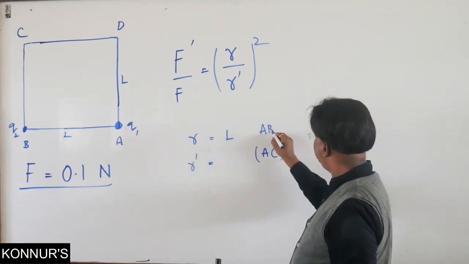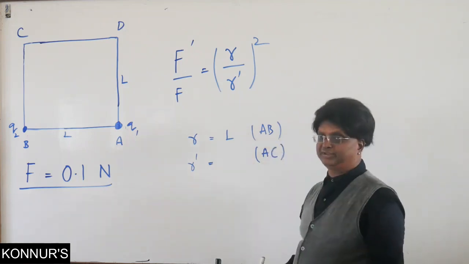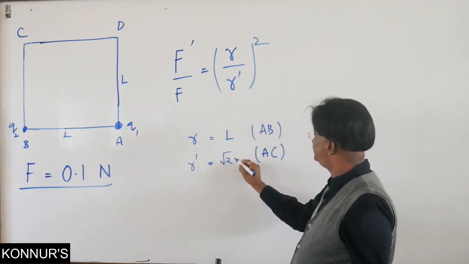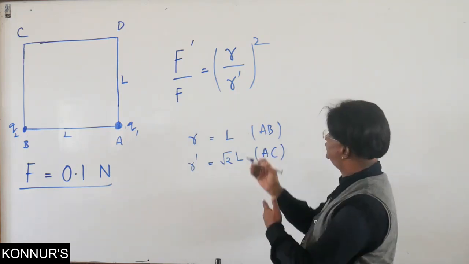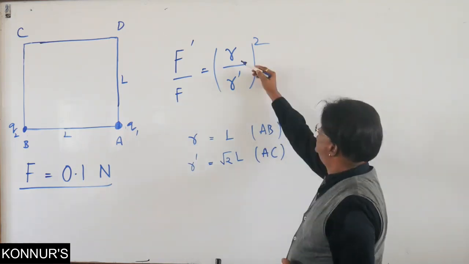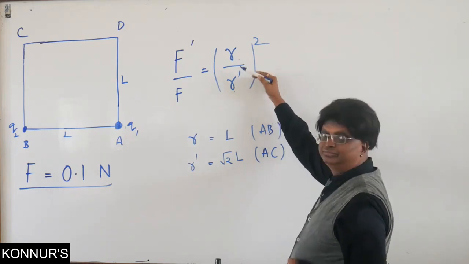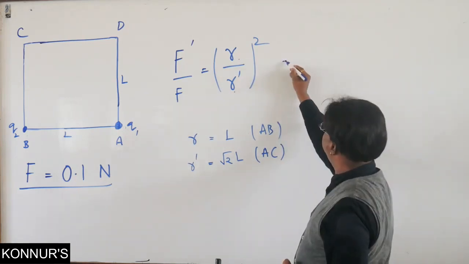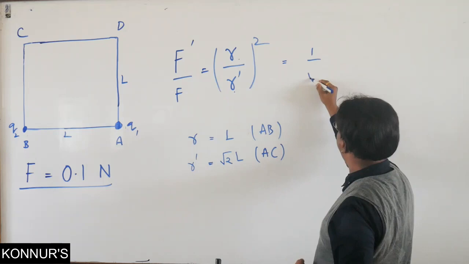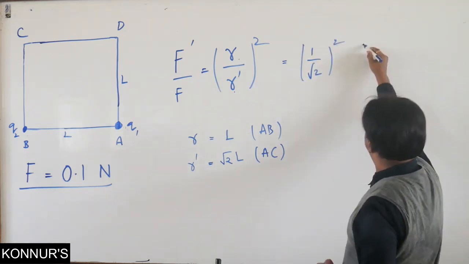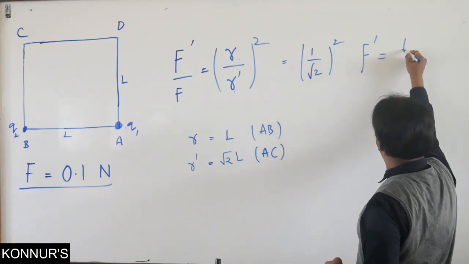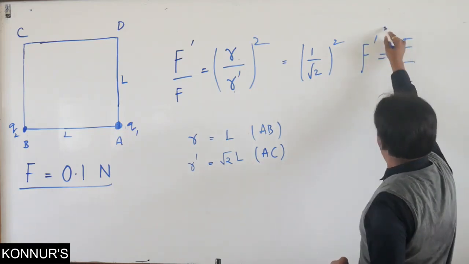AB is the side and AC becomes the diagonal, and for a square we know that it is root 2 times L. Therefore substitute here. What do you get? L by root 2 L, L getting cancelled, you get 1 by root 2 squared. Therefore F dash is nothing but F by 2.